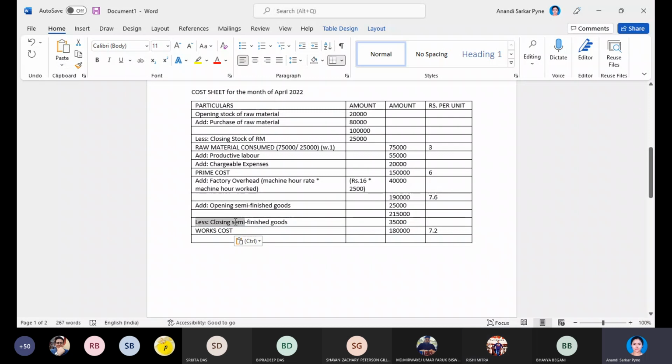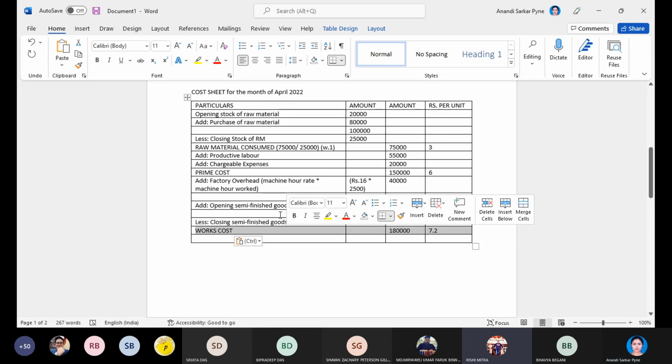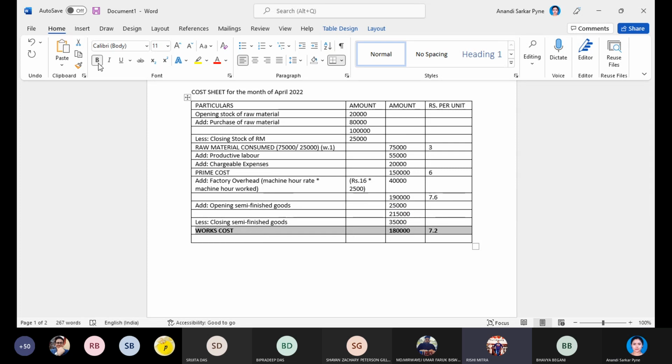We are deducting closing work in progress, right? So factory overhead plus opening WIP minus closing WIP, we get the works cost. Clear? Yes, ma'am. We are dividing the works cost by 25,000. For that, we are getting per unit as 7.2. Absolutely. Ma'am, cost of production is 2,40,000 and per unit 9.6.